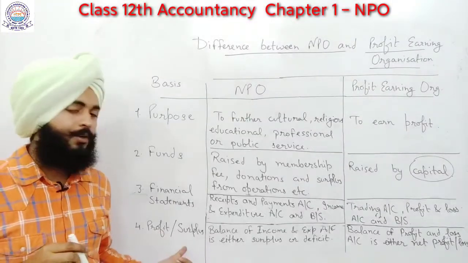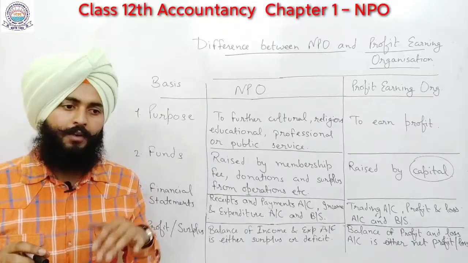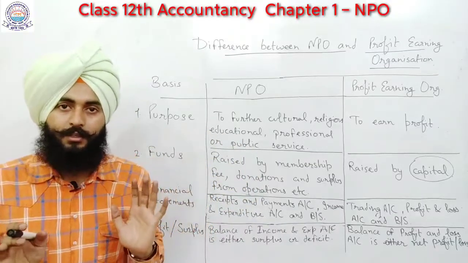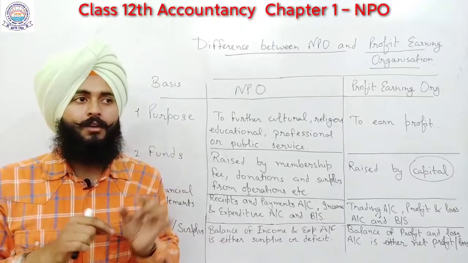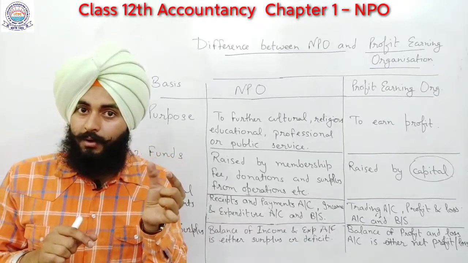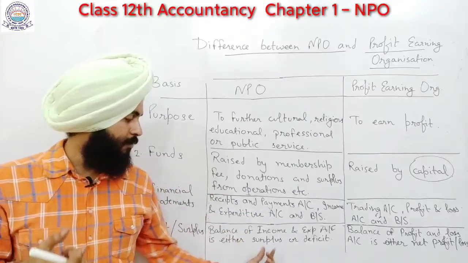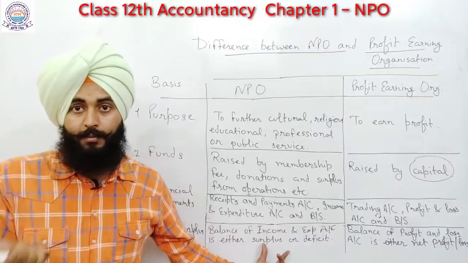Last, profit or surplus. Now in the income and expenditure account, after making all the expenses and when we gather all the incomes, after making income and expenditure account, either we can have surplus amount or we can have deficit. If we have more income than expenditure, obviously we will have surplus.